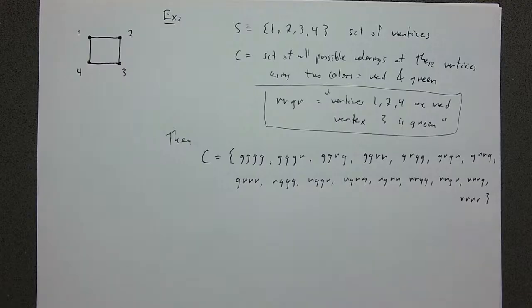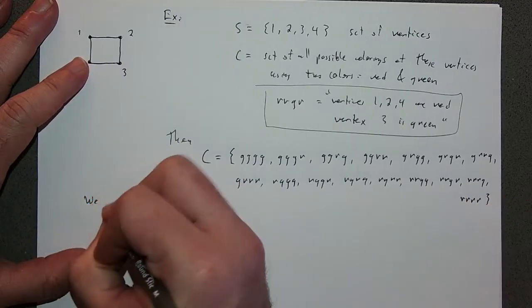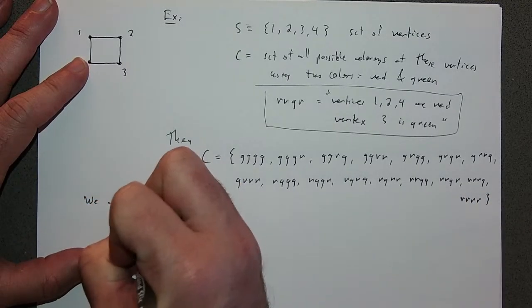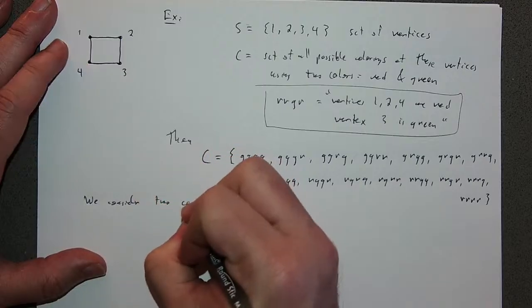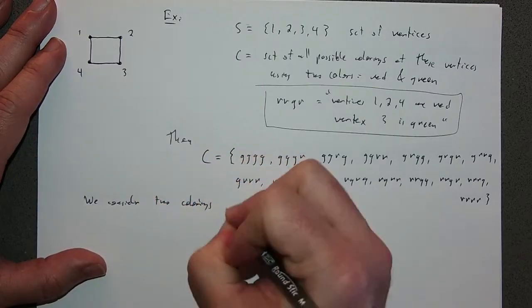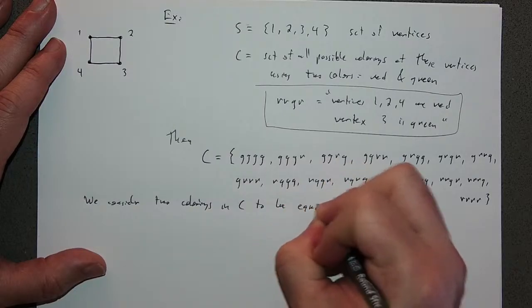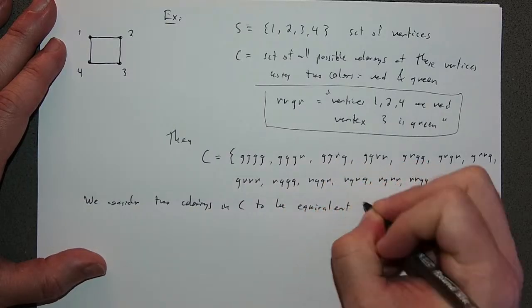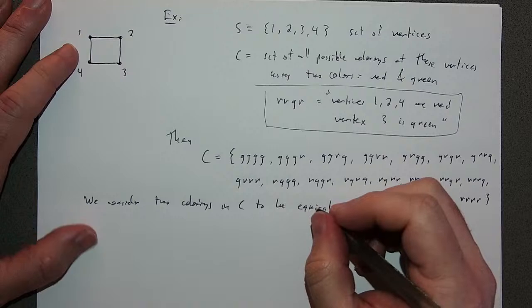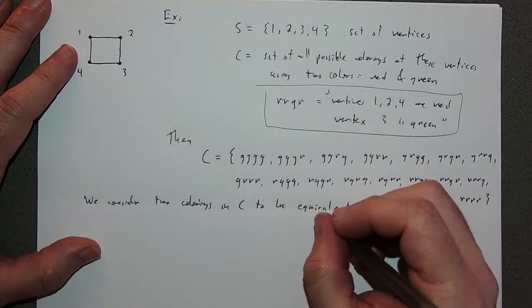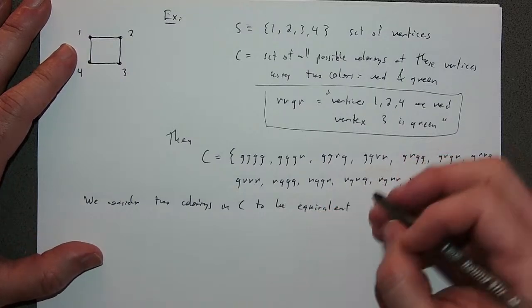So now we consider two colorings in C to be equivalent, okay, if one can be transformed to the other by a rotation of the square.